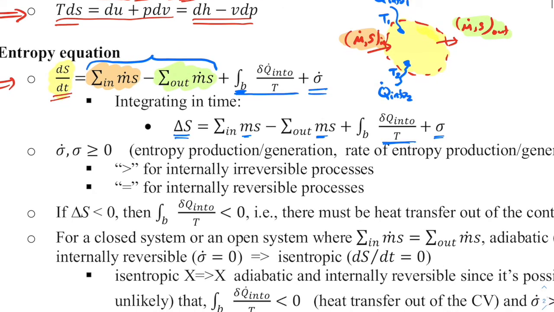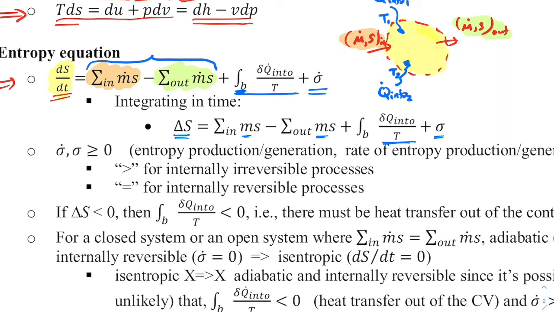And by the way, I should point out that sigma goes by two names. It's either called entropy production or entropy generation. You'll hear both. It's not the entropy, but a different quantity in and of itself. It has the same units as entropy, but it's not entropy. S is entropy. Sigma is entropy generation or entropy production. They're different quantities.